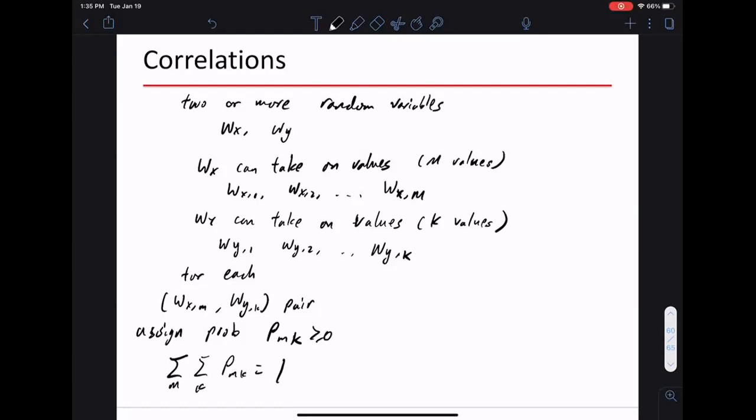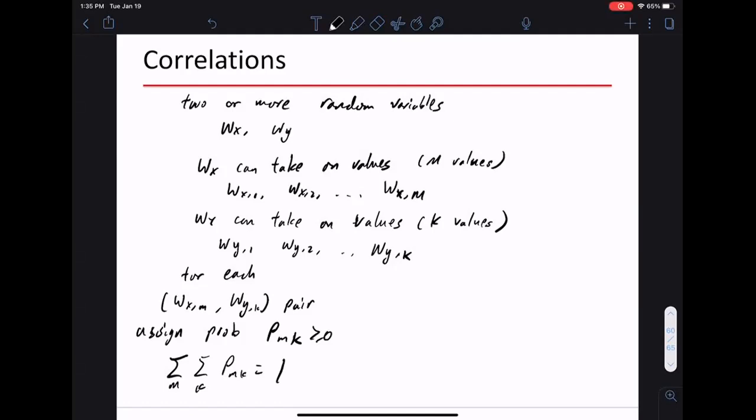You cannot assign probability to each one individually anymore, because these two may be correlated. For example, I have 2 turbines close to each other. When one of these turbines has high wind speed, it's likely the other turbine will also have high wind speed. So you have to think of all of this together.